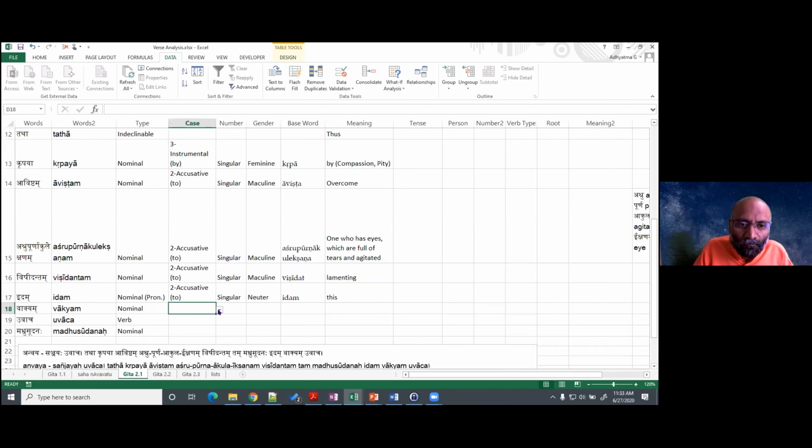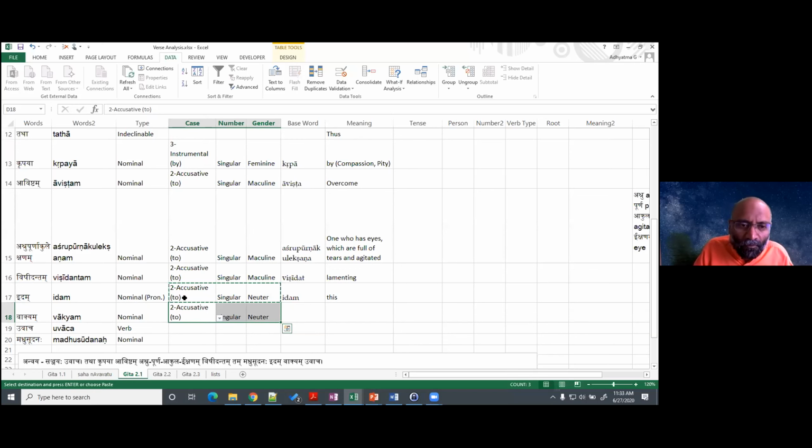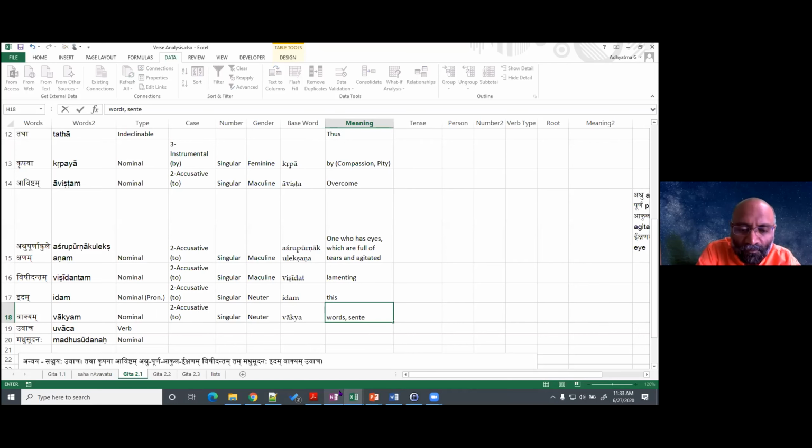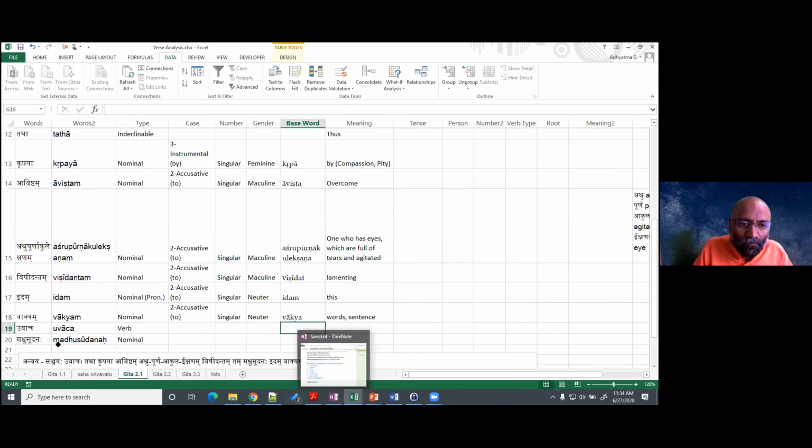Vakyam is also the same: accusative, singular, neuter. And this would be words, sentence.